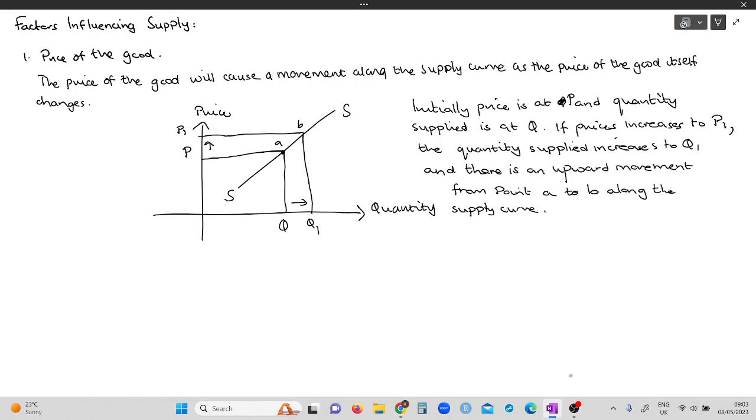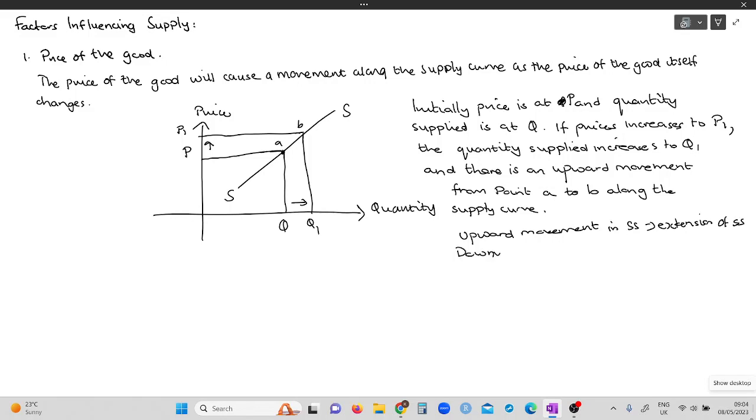So here, I had forgotten to say earlier, whenever we have an upward movement along the supply curve, we call that an extension in supply. And the opposite, we call a contraction. So I can write it: upward movement in supply is an extension of supply.